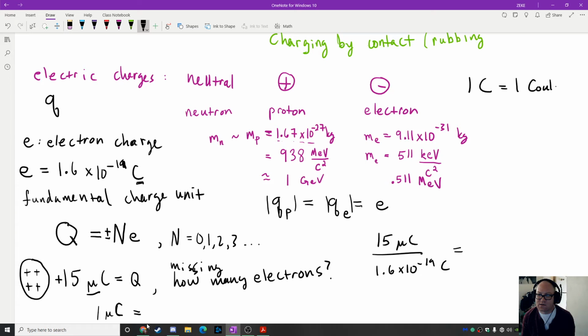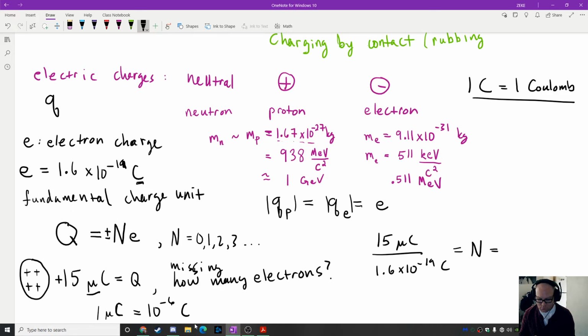Okay, so then how many electrons are missing from this? If we do 15 microcoulombs divided by 1.6 times 10 to the negative 19. I could have chosen 16 microcoulombs, that would have been a much better choice. Can you calculate that for me? I got 9.37 times 10 to the 13.